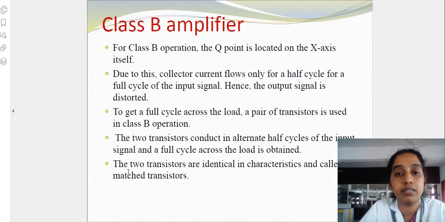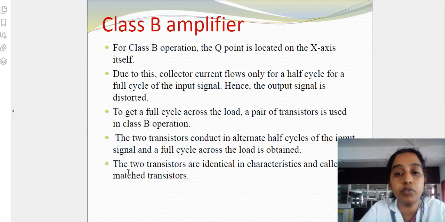Let me now consider the class B amplifier. For a class B amplifier, the Q point should be located exactly on the x-axis. For this operation, the collector current flows only for a half cycle of the input signal, and the output signal gets distorted.